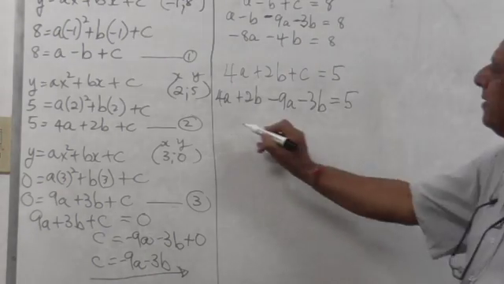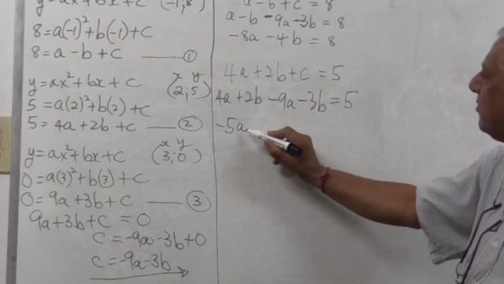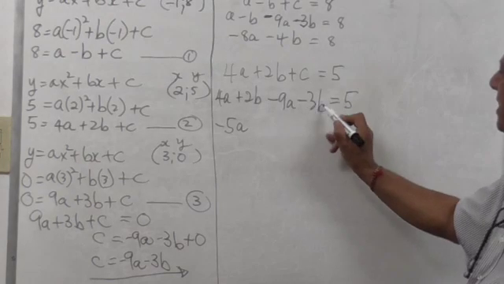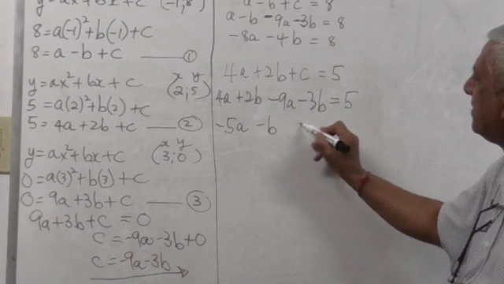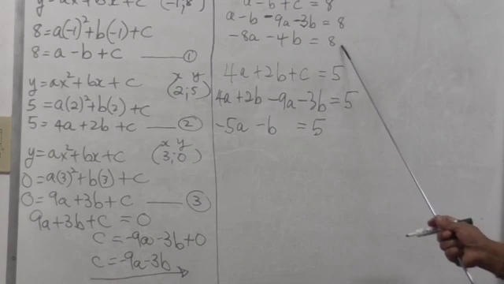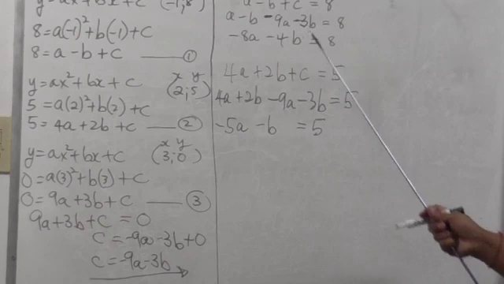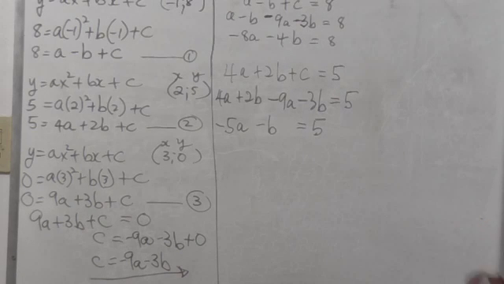Simplify. 4a and minus 9a will give you minus 5a. 2b and minus 3b will give you minus b is equal to 5. Now you have two equations in two unknowns. You can solve them simultaneously or any other method, and you can get the answer.